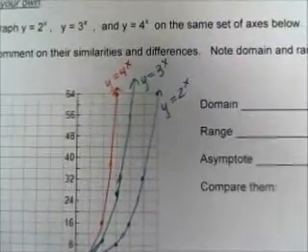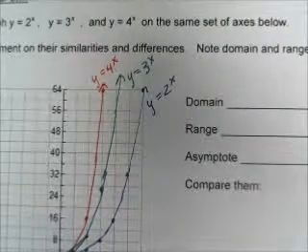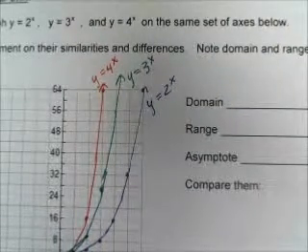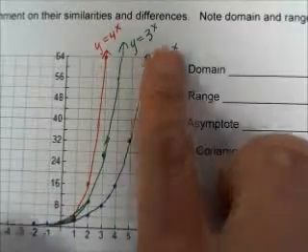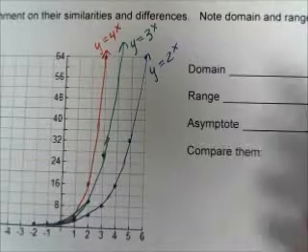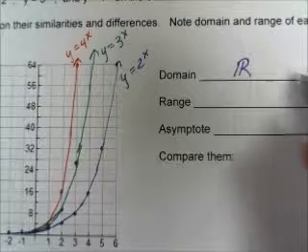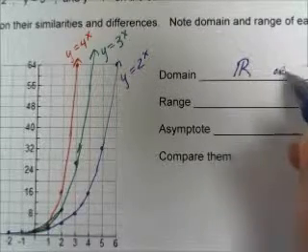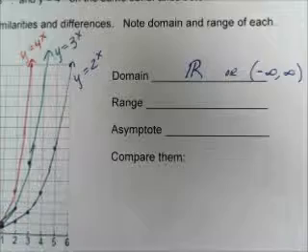Let's note the domain and range for each. Well, again, these are continuous. So the domain keeps going outward to the left. These keep going upward and outward to the right, so that our domain is all real numbers. Write the symbol for all real numbers, or you can write interval notation, negative infinity to positive infinity.